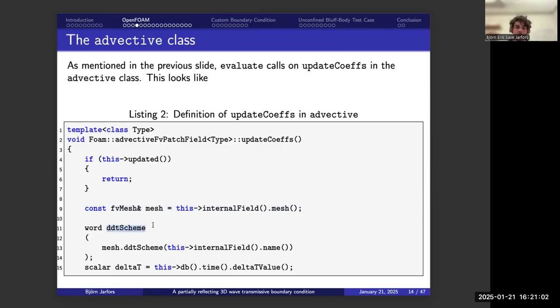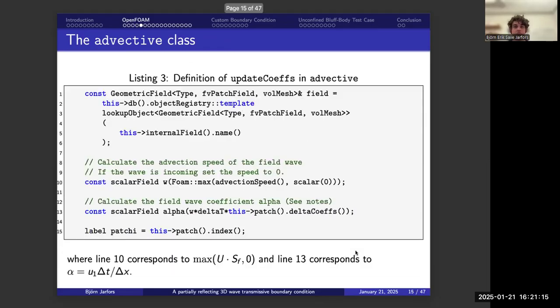Later, it will check what type of discretization scheme you have for the temporal term. And then it will also store the value of your time step. And if we continue down, we see that it will later take the most important field, which is where all of the, for example, velocity information is stored, and save that.